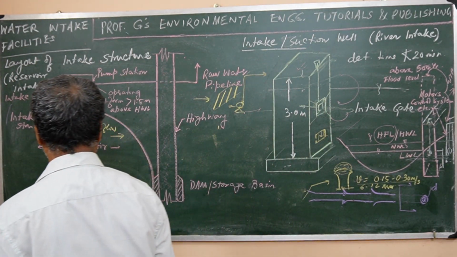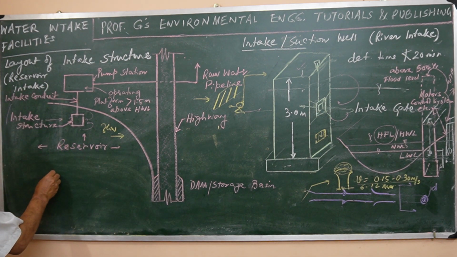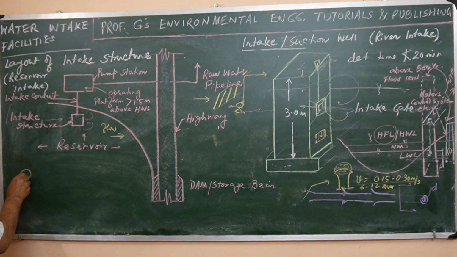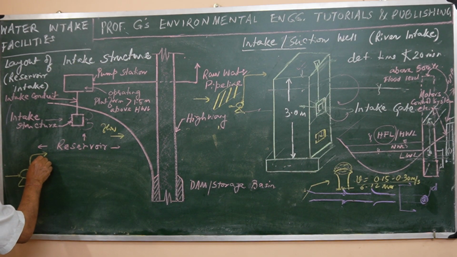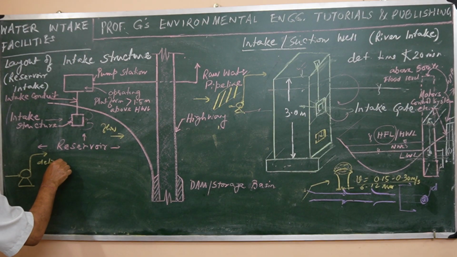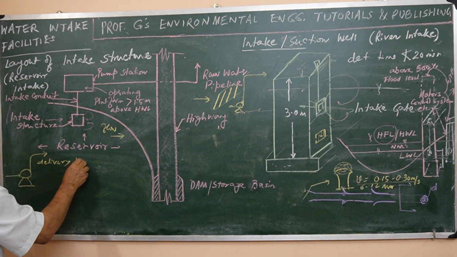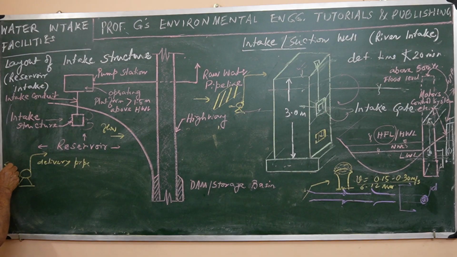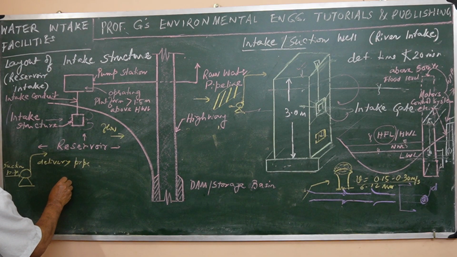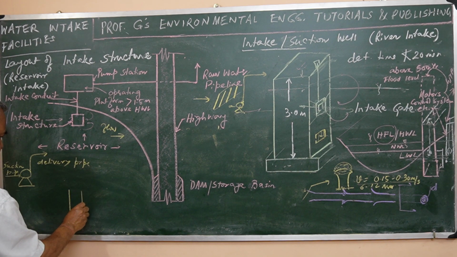So suction pipe means, suppose this is when it is placed horizontally. This is the outlet also, the delivery pipe. This is the suction pipe, and when it is placed vertically like that, the pumping assembly is placed here in a casing.